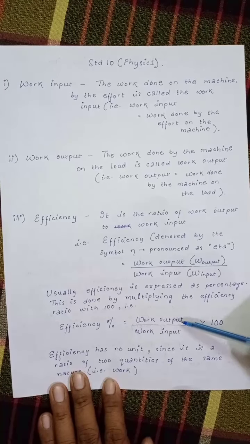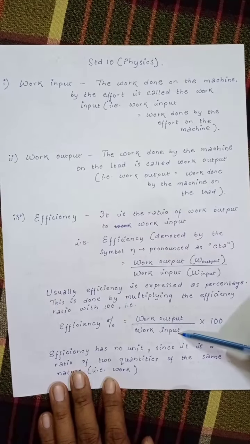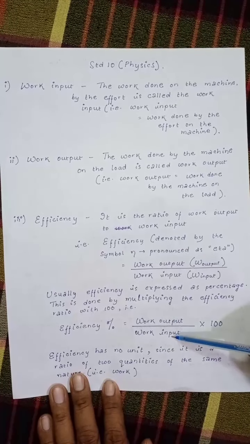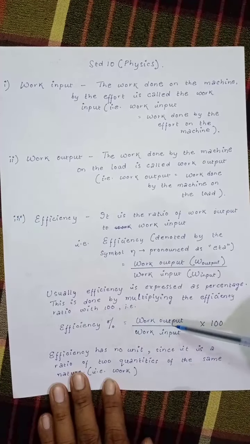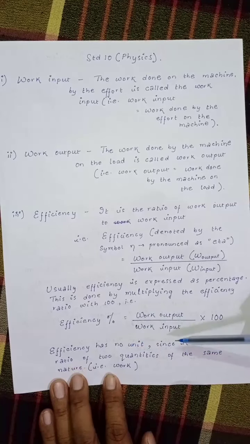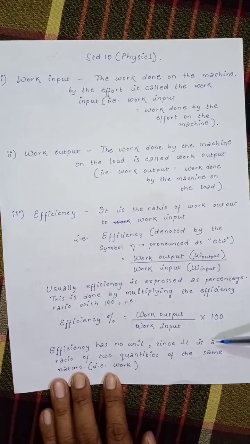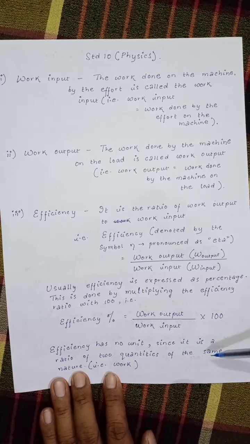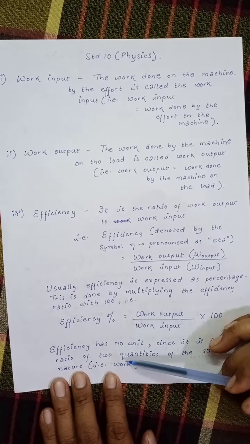Since work output and work input are measured with same unit, that is joule or erg, therefore the efficiency has no unit. So we say efficiency has no unit since it is a ratio of two quantities of the same nature, that is work.